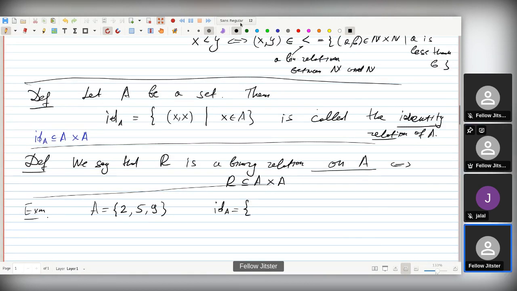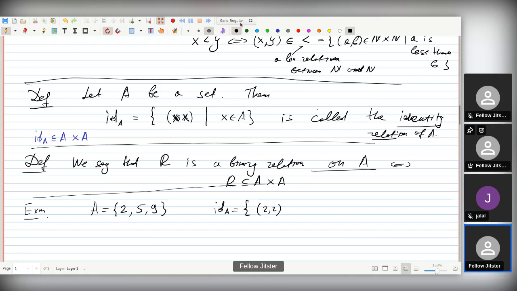Really? Please name them. 2, 2, 2, 5, 2, 9. Why 2, 5? Look, here we have two identical elements, x and x. So we can only put identical ones.